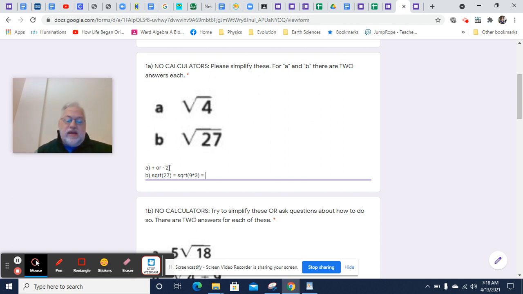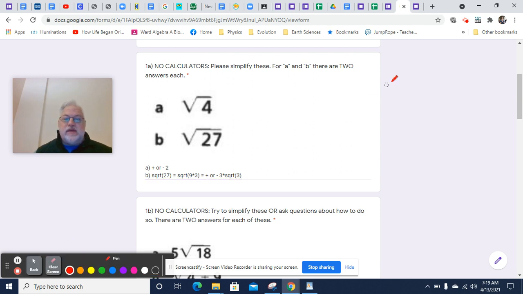We can get the square root of 9. Let's pull that out of there and make it 3 times the square root of 3, only we have to say plus or minus.